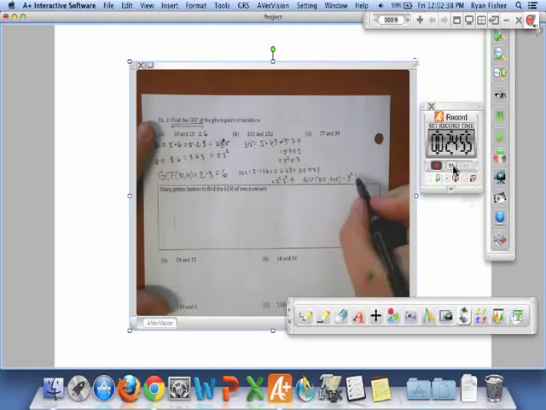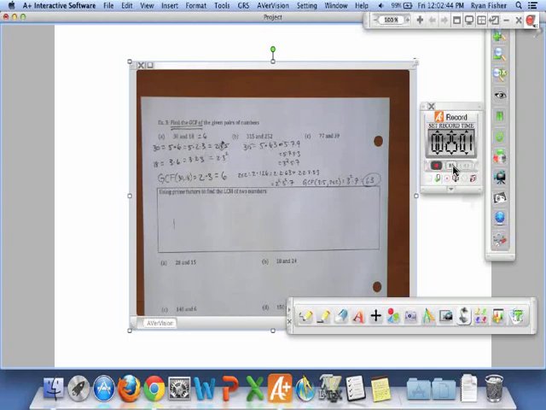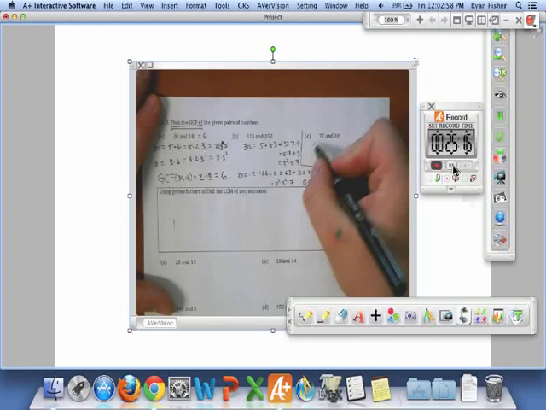Okay. C is a pretty special case. So 77 breaks down pretty quickly. 7 goes into it 11 times, and both 7 and 11 are prime. 39, 3 goes into it 13 times. 13 is also prime.